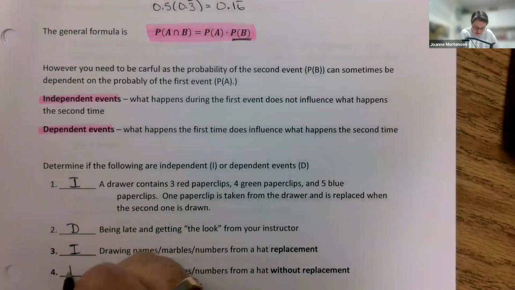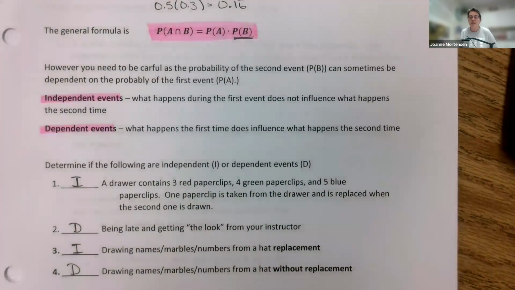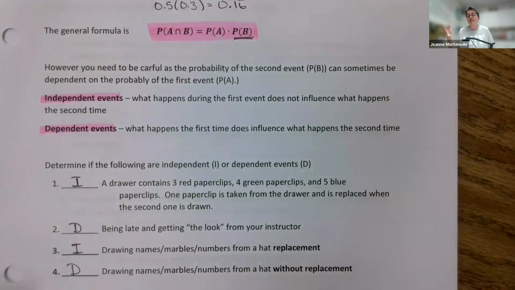So these are dependent events. Generally, if you take stuff out and don't replace it, then it's going to be a dependent thing because it's going to change your sample space for sure. It might change the event, like it might change the top number, but it's definitely going to change the pool that you have to choose from.